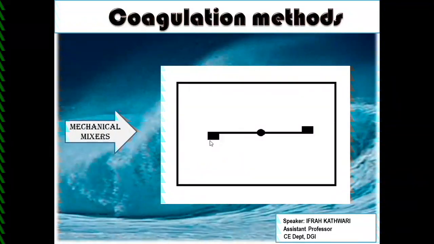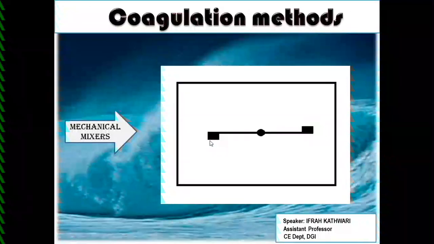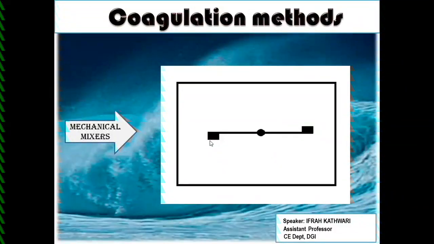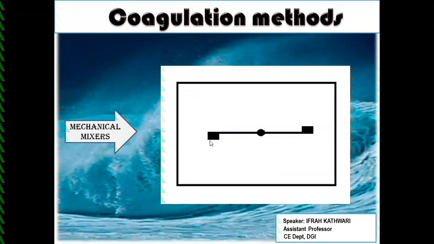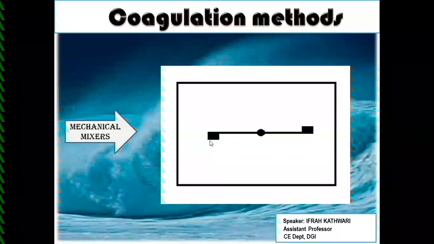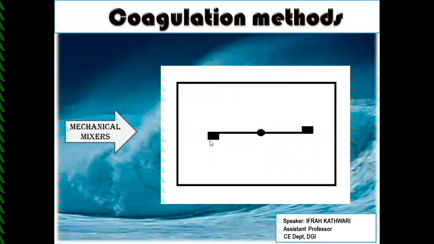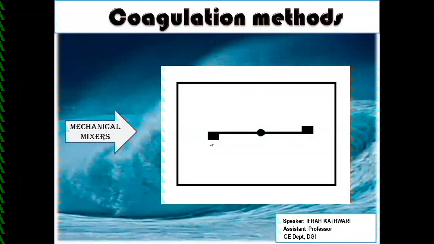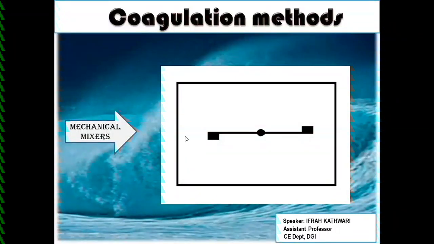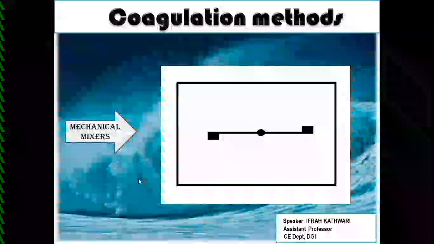We're making use of mixers. These paddles keep on moving, creating turbulence, due to which the particles mix up with the coagulant, and with the help of coagulants, those particles form larger particles, and then they are removed. Okay, so this is how it is.